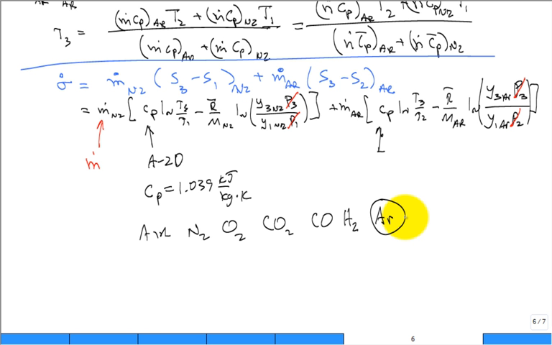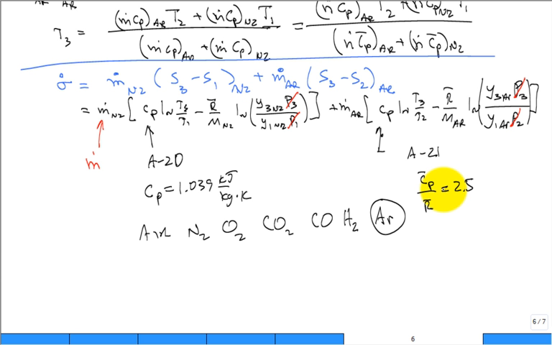And so in table A21, you find that they gave C sub P bar divided by R bar is equal to alpha, which is 2.5 for all of the monoatomic gases. For argon, for helium, for neon, if you ever use neon, right? I mean, really just going to use argon and helium is the most common.